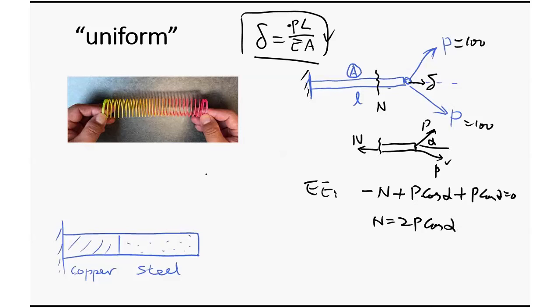So to remind you, I like to write the equation this way: delta equals NL over EA. By N, I mean the internal force. That's why we talk about the concept of internal force. So what's the force in this bar? Of course, it must be uniform. And that you put into this equation to calculate elongation of the bar.